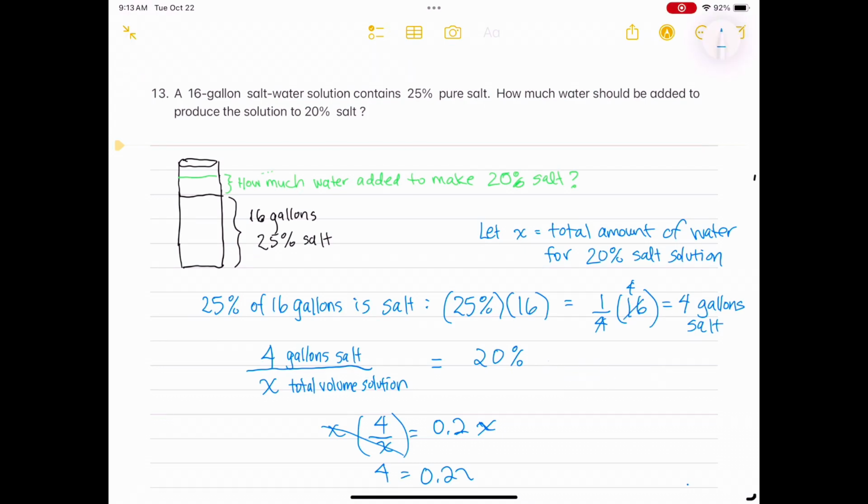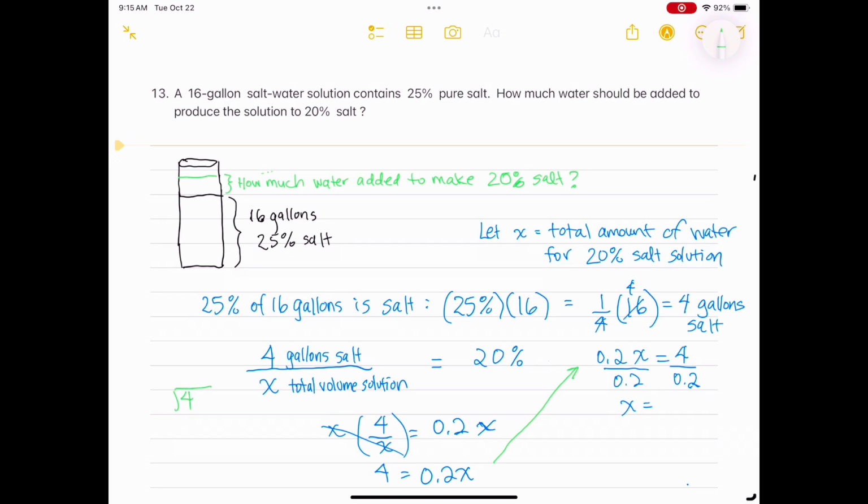Since I've run out of space on this page, I will have to shift the equation up on the right here and use this opportunity to flip the equation. 0.2x equals 4. Now I continue the calculation by dividing both sides of the equation with 0.2.